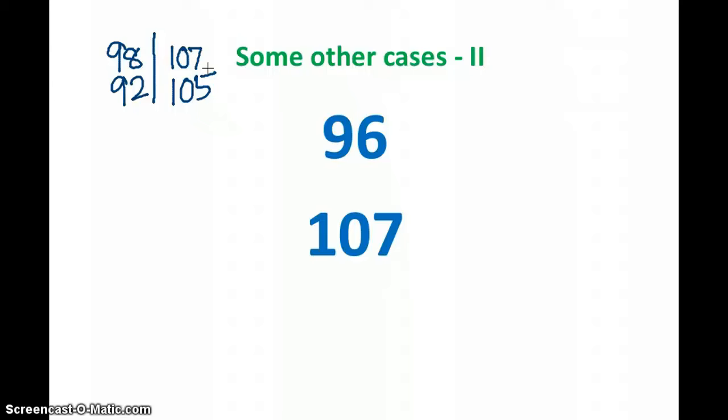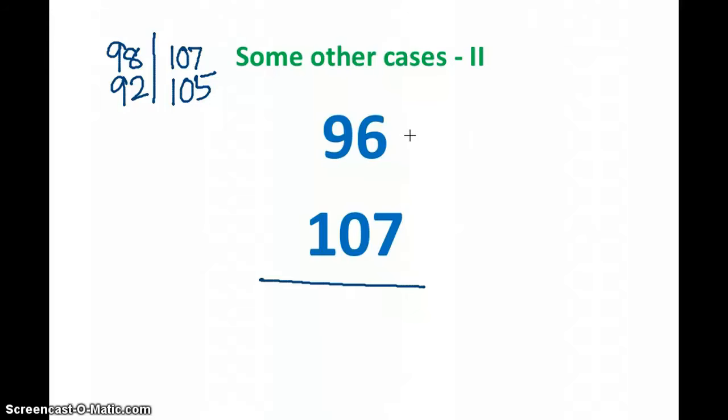So the numbers till now were either less than the base or more than the base. But now we are seeing a case where one number is less than the base and the other number is more than the base.